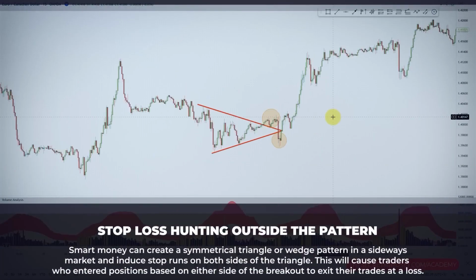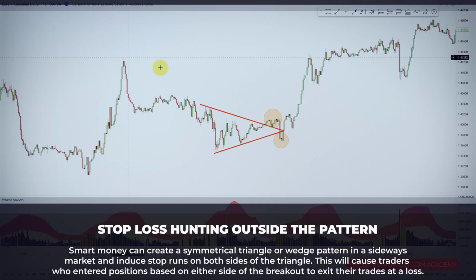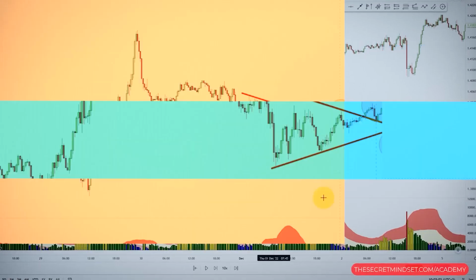For example, they can create a symmetrical triangle pattern in a sideways market and induce stop runs on both sides of the triangle. This will cause traders who entered positions based on either side of the breakout to exit their trades at a loss. Smart money will then take advantage of this liquidity and enter positions in their desired direction.